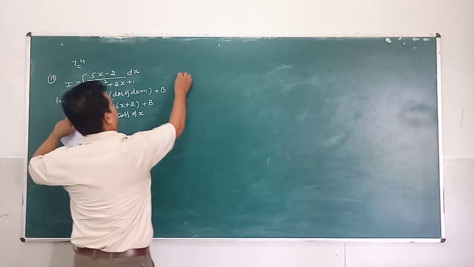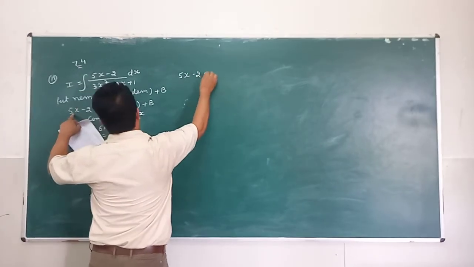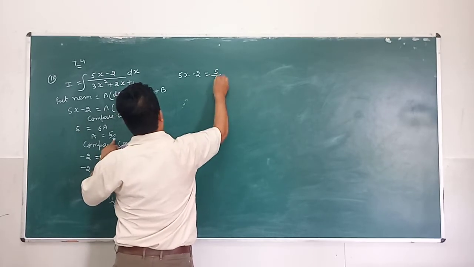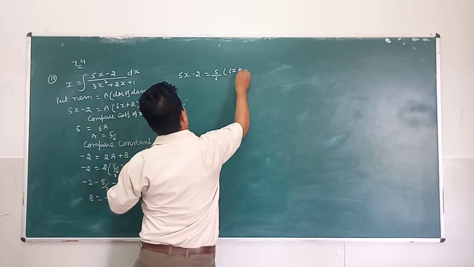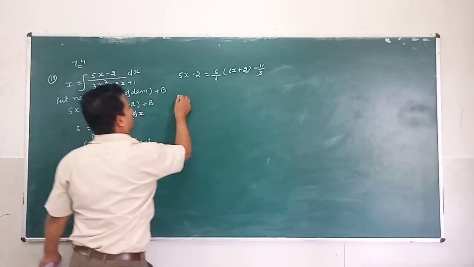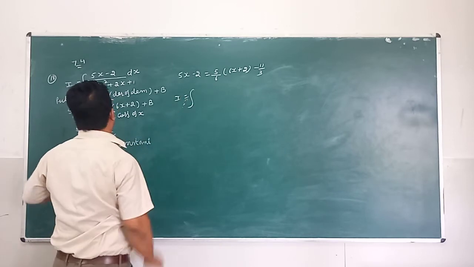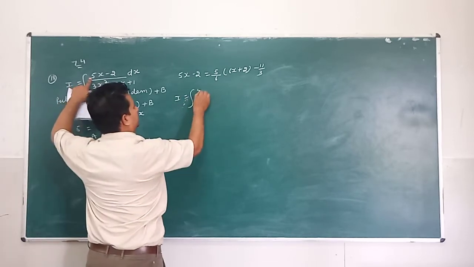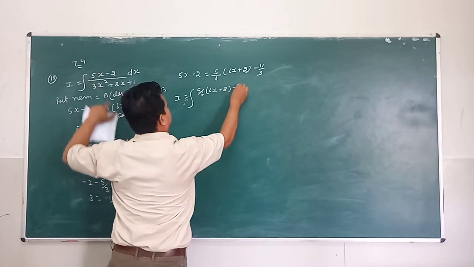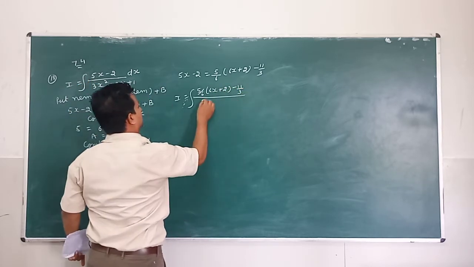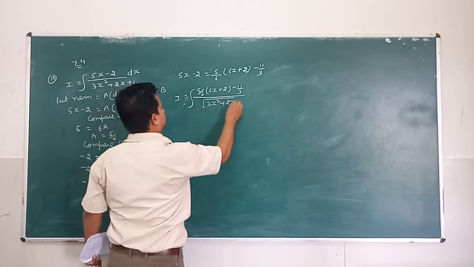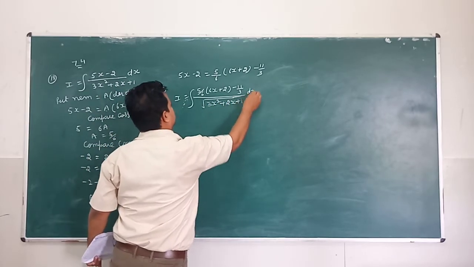Now put the values in the numerator: 5/6 times (6x plus 2) minus 11/3, divided by the square root of 3x square plus 2x plus 1, dx.